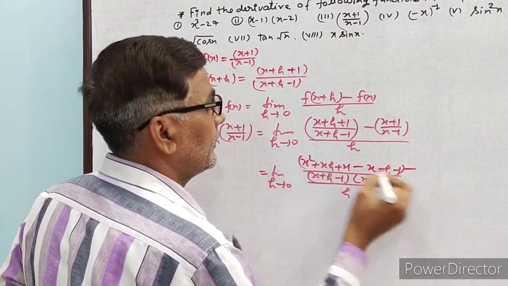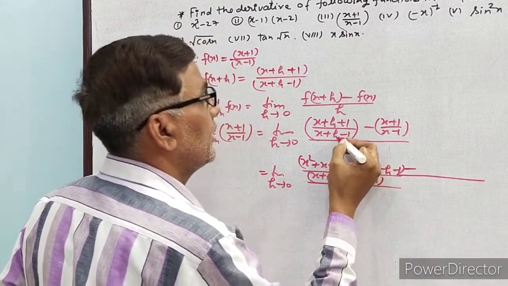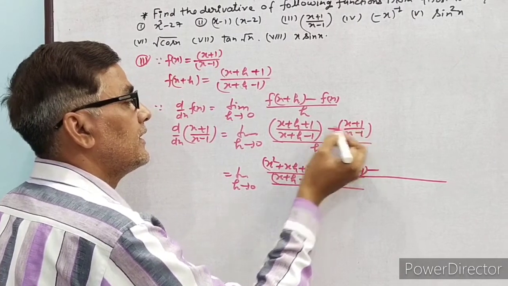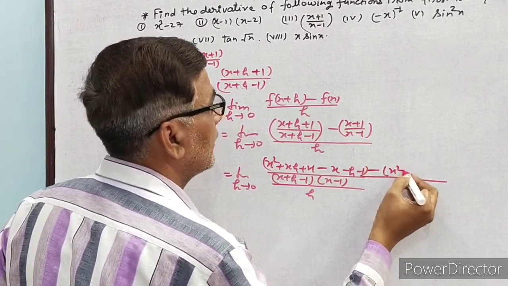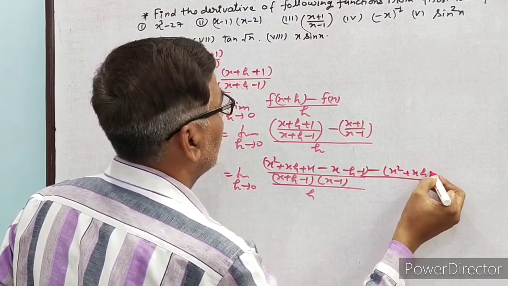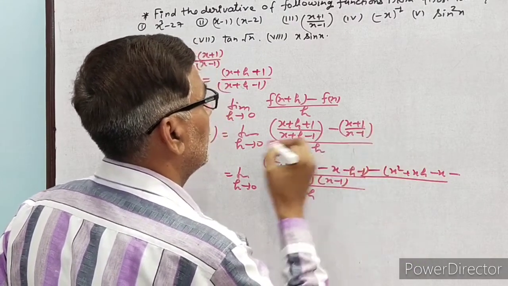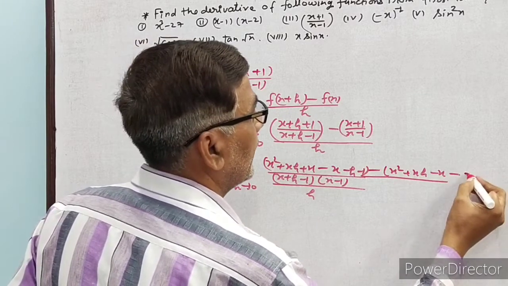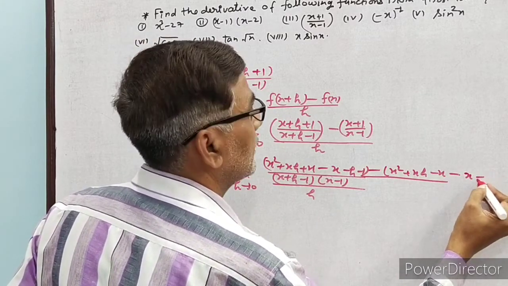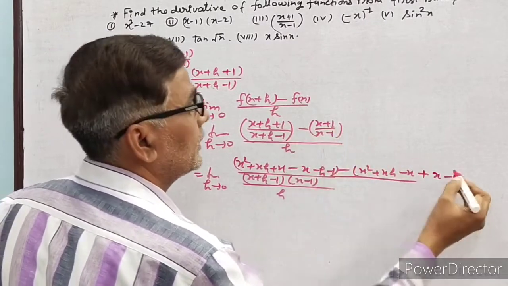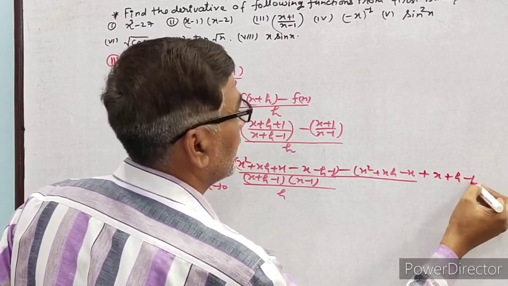Apply the minus, and similarly we should multiply these two terms. So we first multiply by the x. We have x square plus xh minus x, 1 into x, this is plus x, and 1 into h becomes plus h and minus 1.